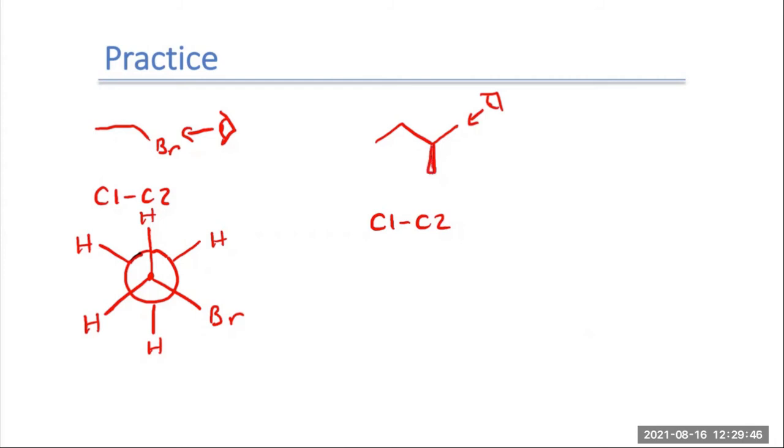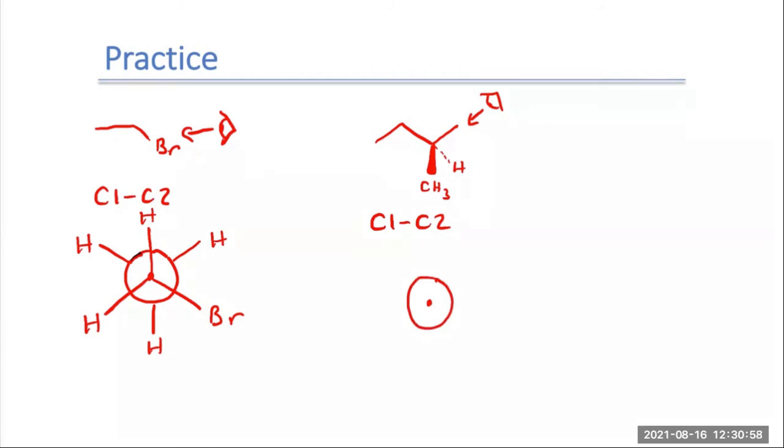Here, I'll make this a wedge. And then the hydrogen going back, that's a dash. So we have our C1 to C2, and we have some 3-dimensional aspects there, wedge and dash. Okay, so that dot, that's C1. That circle, that's C2.